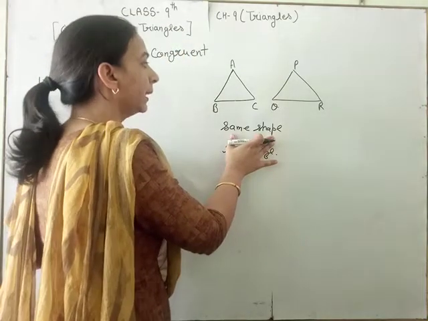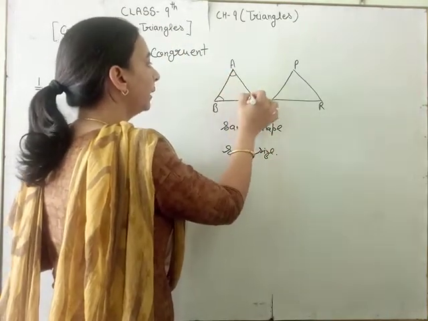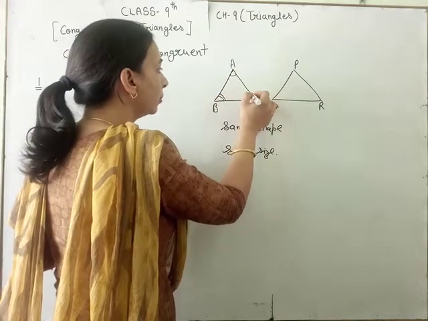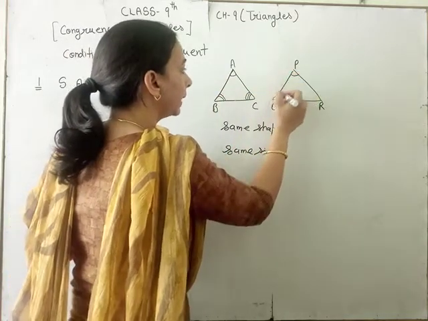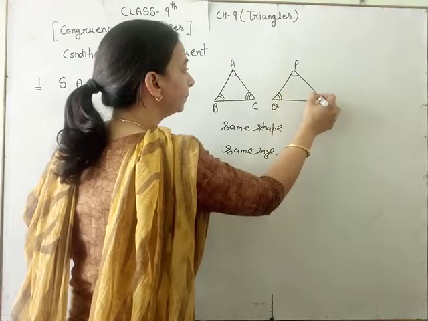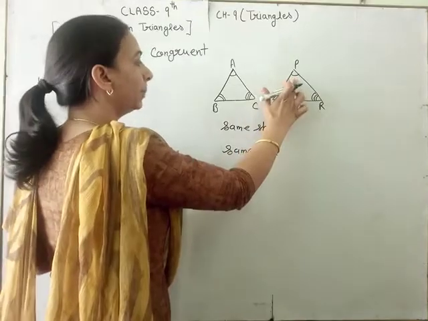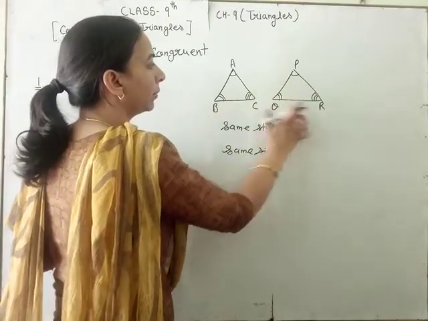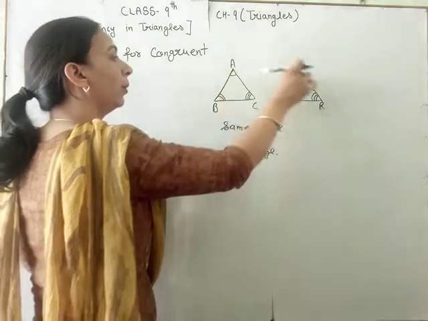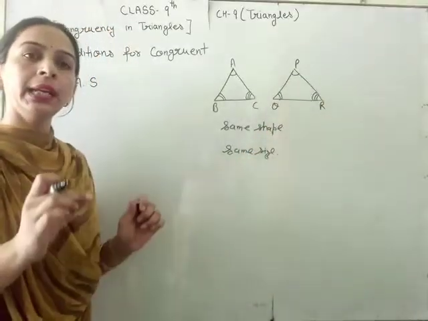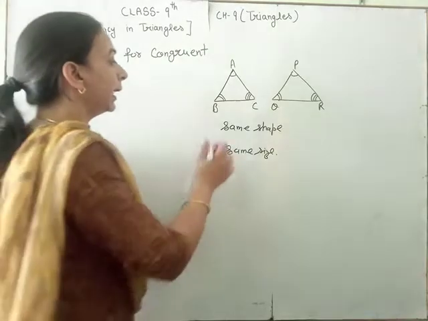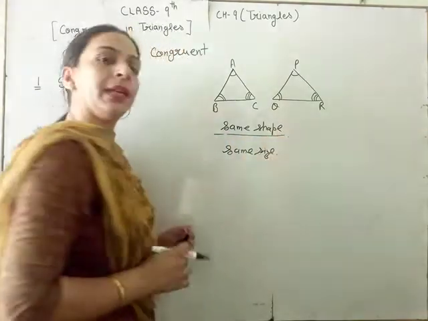Same shape means three angles of one triangle are equal to three angles of the second triangle. If angle A equals P, B equals Q, C equals R, that means both have the same shape.